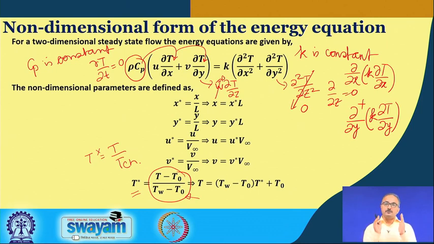Suppose we have two surfaces, one hot and one cold, with one surface at Th and the other at Tc. Th means the hot surface temperature and Tc means the cold surface temperature. In that case, we know that if there are no other external sources of energy, the temperature must lie between Th and Tc.